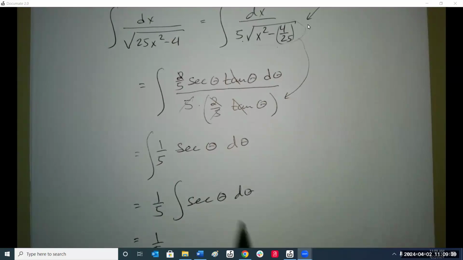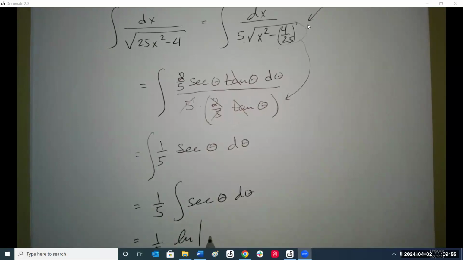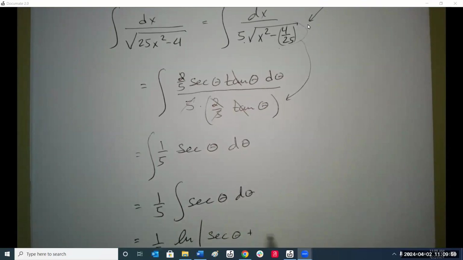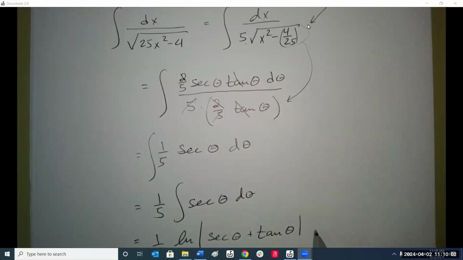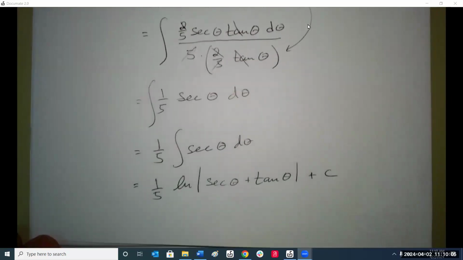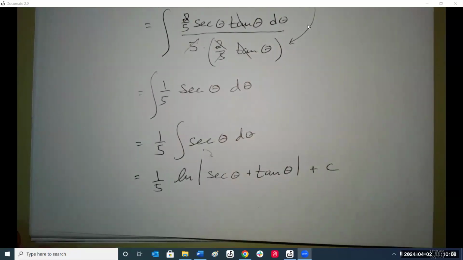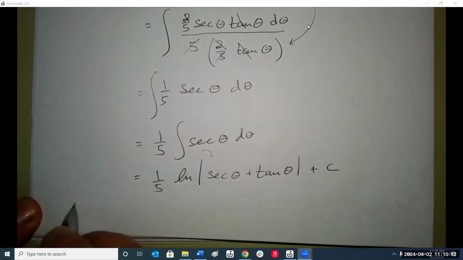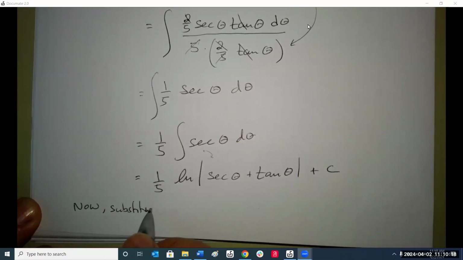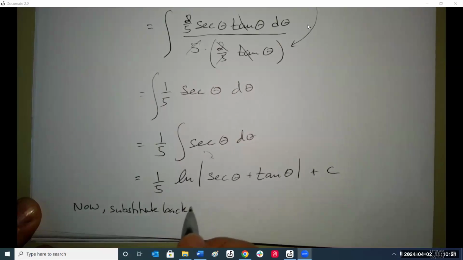Is equal to 1/5 integral of secant. Now substitute back to our numbers.